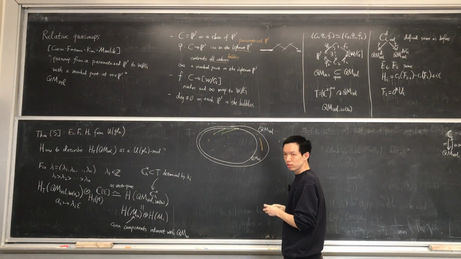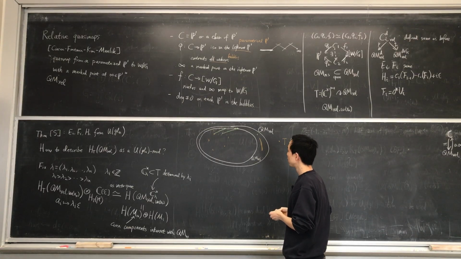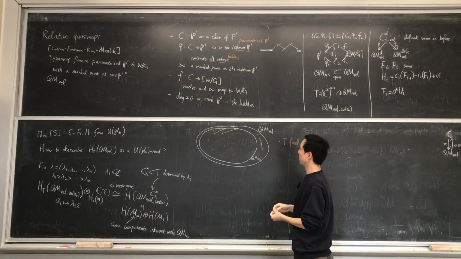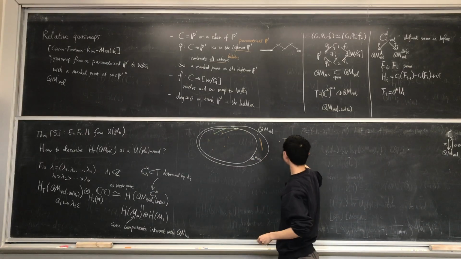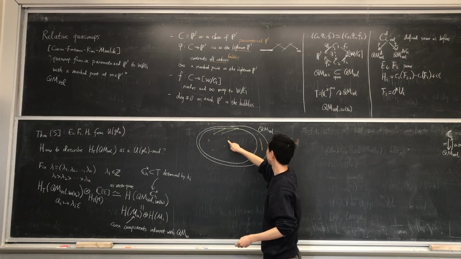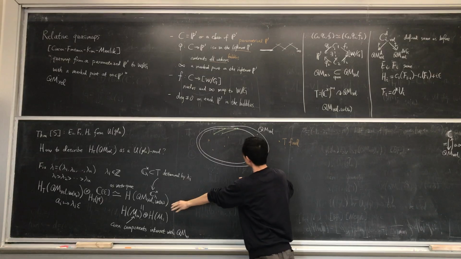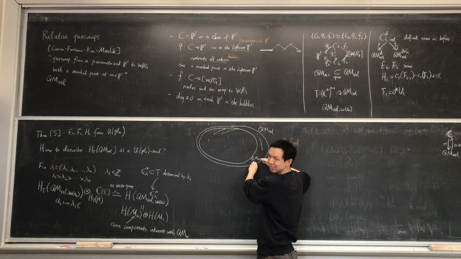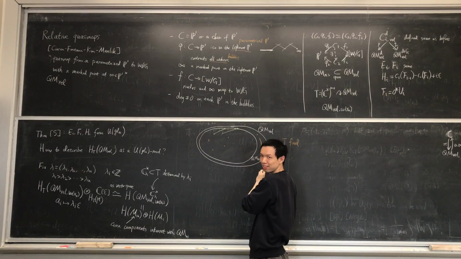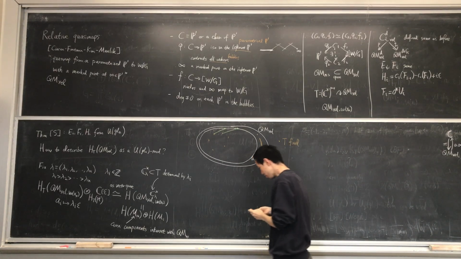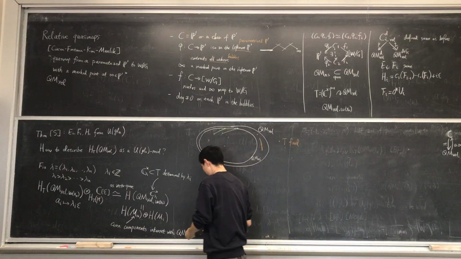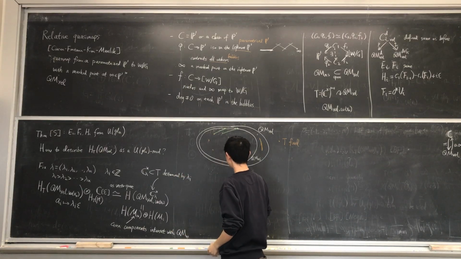Even for generic lambda, you get these big fixed loci? Yeah, for generic lambda, you will get the same fixed loci as T. And this M0 is really just the fixed points inside non-singular quasimaps.